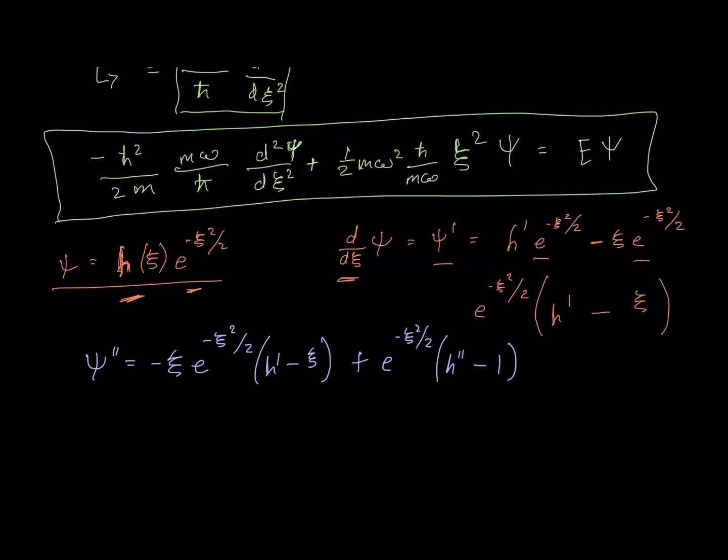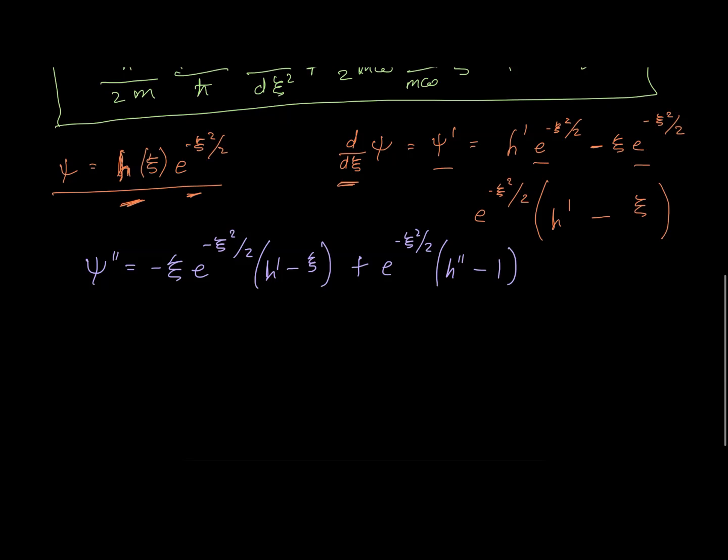Let's see here. Plus da da da, times h prime e. Okay, I think this all works out. So in the end, we can factor out this e to the minus c squared over 2.